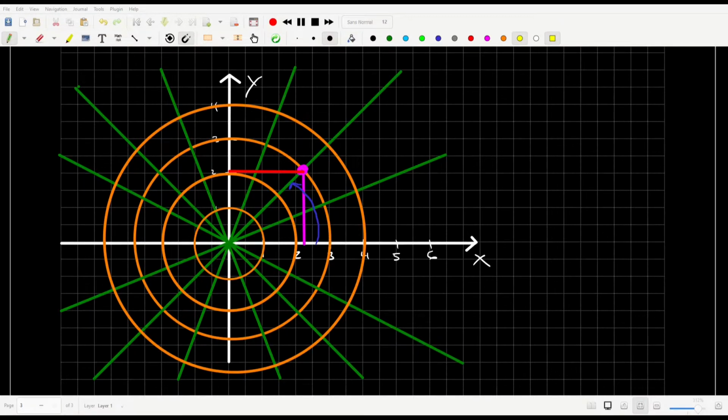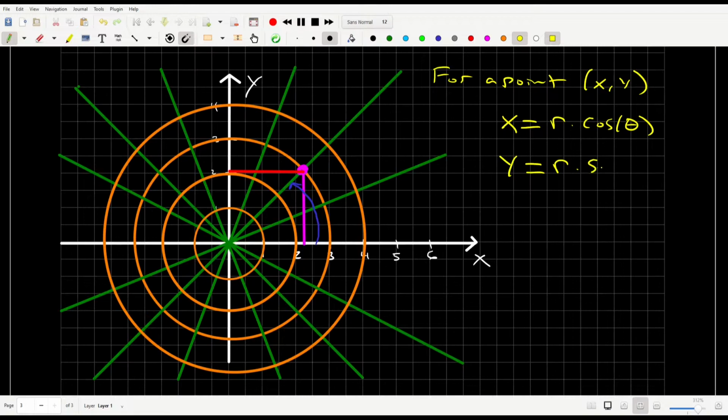So for a given point x, y in Cartesian coordinates, we know that the relationship between the radius out to the point and the angle is going to be: x equals r times cosine of theta, and the y-coordinate is going to be r times sine of theta.